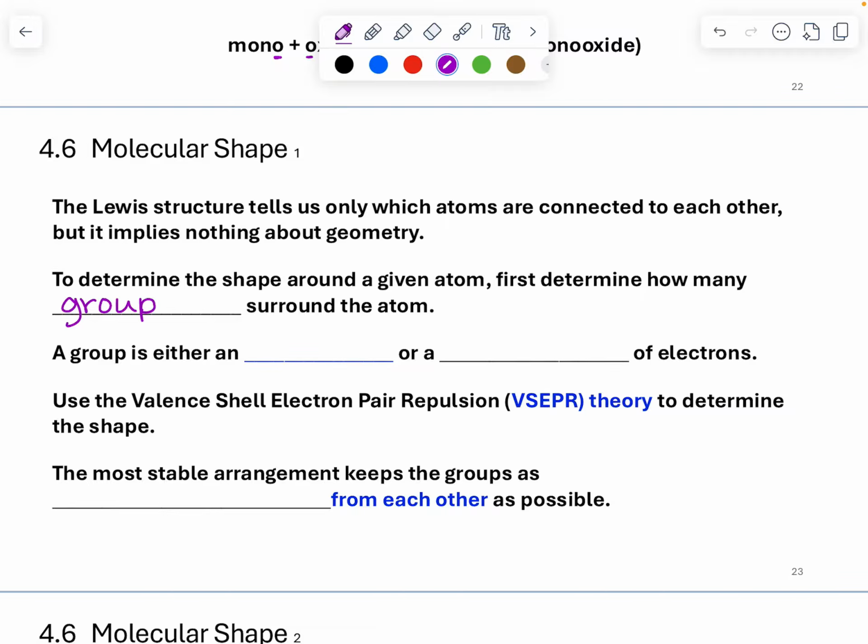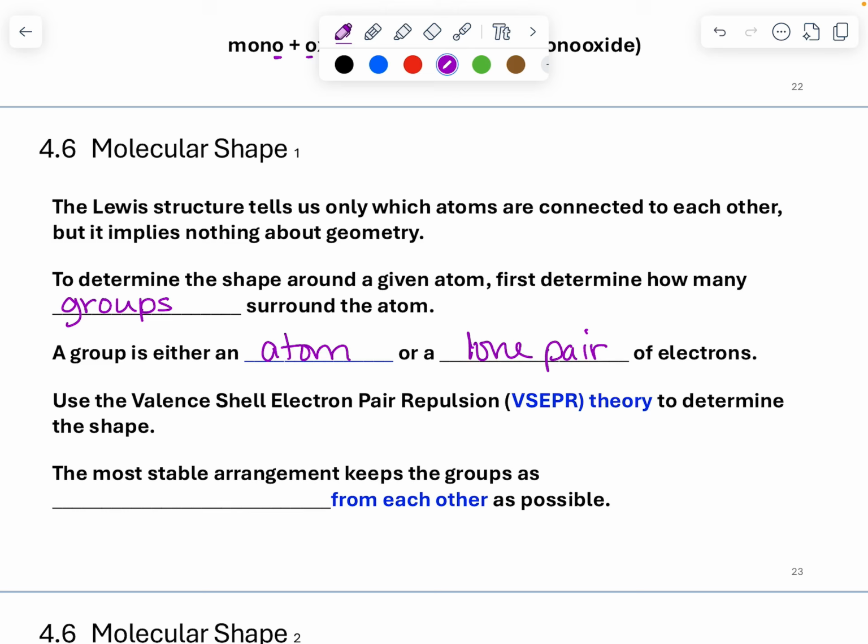A group is either an atom or it could be a lone pair of electrons. Remember, lone pairs of electrons are the electrons that are not involved in the bond. So we're usually looking at the central atom, and we want to determine how many atoms are around the central atom or how many lone pairs.